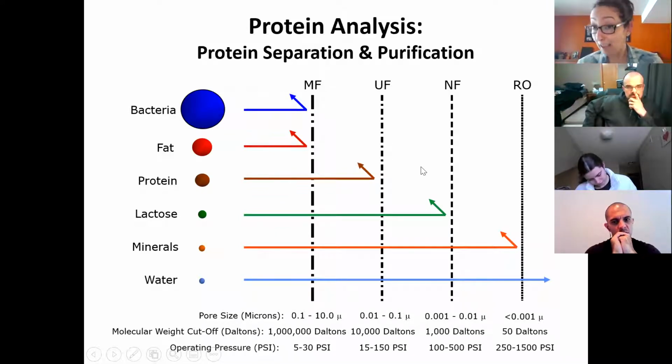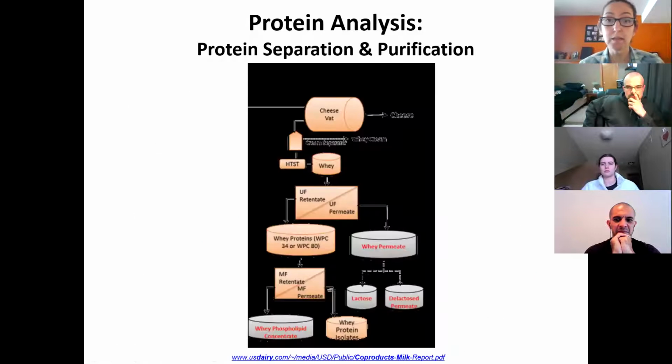If you want to collect lactose to produce a lactose product, you use nanofiltration: lactose is retained, minerals and water go through. If you want to purify the water from salt, you use reverse osmosis, and you purify your water. So it's a pretty neat system.